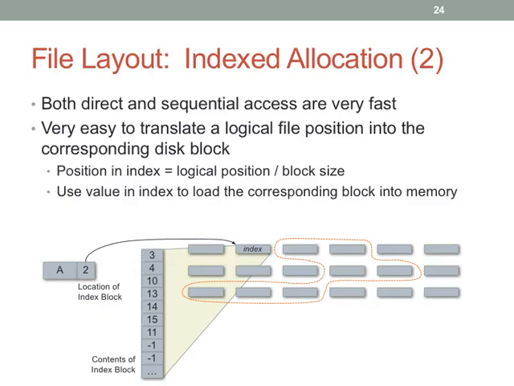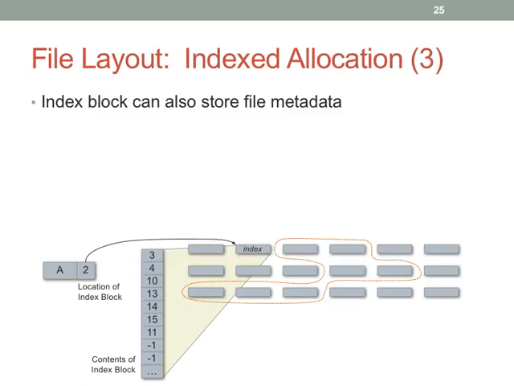Position in index is the logical position divided by the block size. That gives me an index in the index block. I can just look up what sector or what data block that corresponds to. Okay. Also, I can put my metadata in there. The neat thing about putting metadata in the index block is, remember the whole thing with hard links? If I have multiple hard links to the same file data on the disk, then the hard link doesn't have to duplicate metadata.